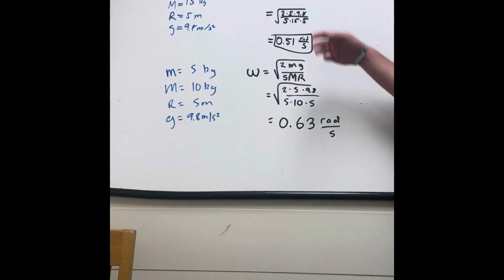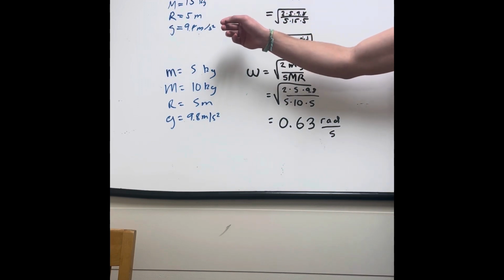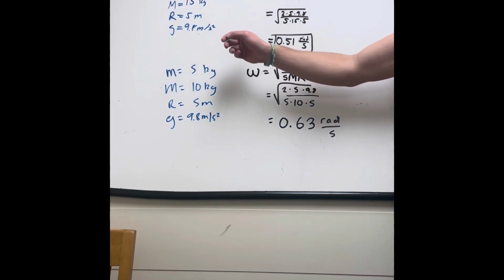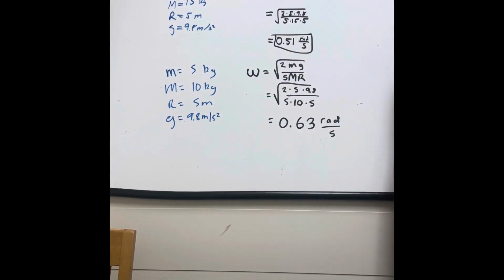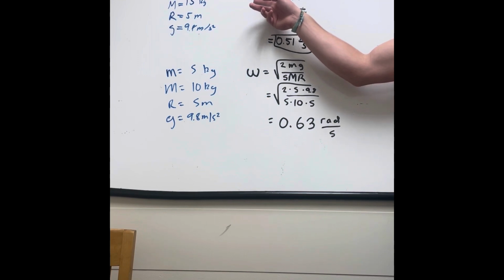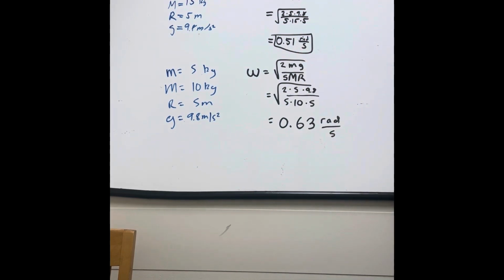For our first example, we're going to let the mass of our ball equal 5 kilograms, the mass of our block equal 15 kilograms, our radius equal 5 meters, and gravity is 9.8. When we plug those values into the angular velocity we obtained earlier, we end up with 0.51 radians per second.